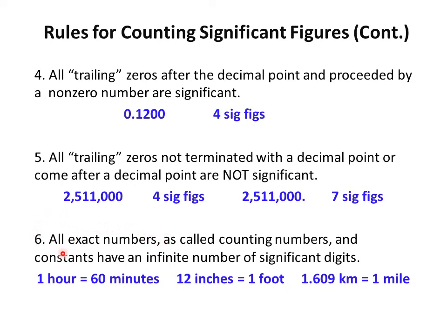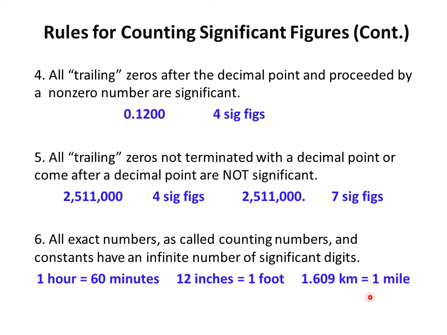The next thing I want to talk about is rule number 6. Really what this says is that when you have exact numbers, and you get exact numbers from counting or from definitions or from constants. For example, exactly 1 hour is equal to exactly 60 minutes. Exactly 12 inches is in exactly 1 foot. Or exactly 1.609 kilometers is equal to exactly 1 mile.